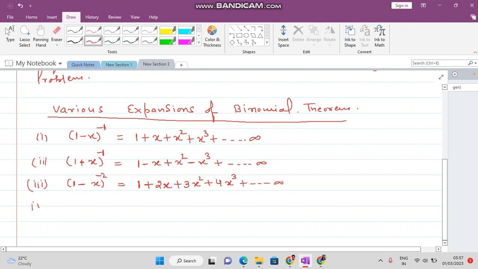And then fourth expansion, 1 plus x raised to the power minus 2, is 1 minus 2x plus 3x square minus 4x cube and so on up to infinity. So these expansions will be used for solving the questions.